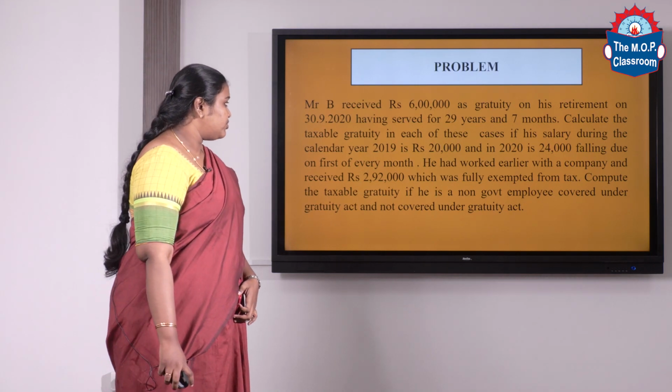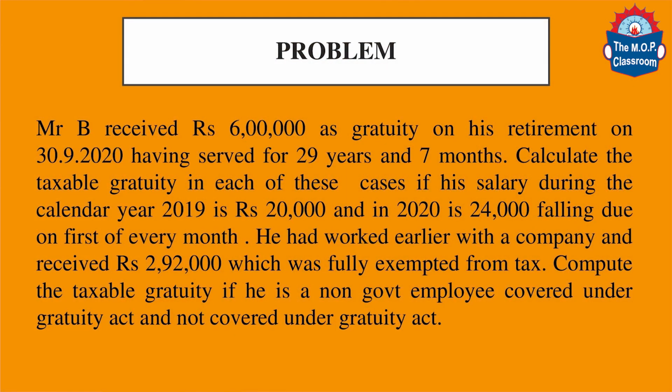Calculate the taxable gratuity in each case if salary during the calendar year 2019 is rupees 20,000 and in 2020 it is rupees 24,000, falling due on the 1st of every month. He had worked earlier with a company and received rupees 2,92,000 which was fully exempted from tax. Compute the taxable gratuity if he is a non-government employee covered under the Gratuity Act or not covered under the Gratuity Act.